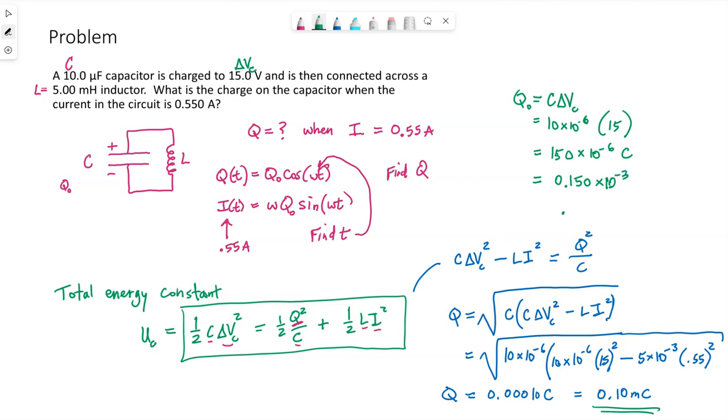So this tells me my capacitor comes in with 0.15 millicoulombs. So the fact that we got an answer of 0.1 millicoulombs, something less, is reasonable. We have some charge on the plates of the capacitor, but not all of the charge it came in with.